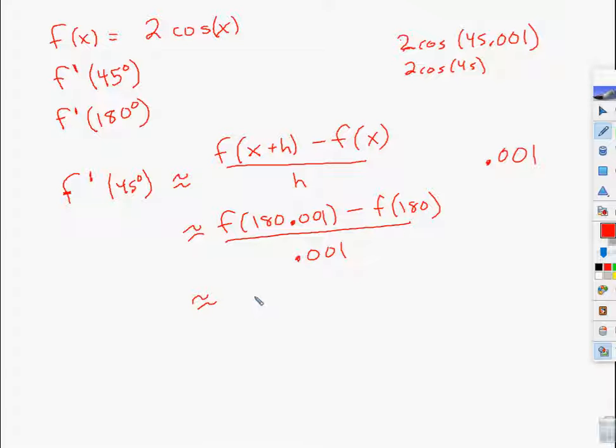Okay, that's better. Although we might have too many decimal points. I get negative 2 minus 2 cosine 180. Yeah, I get too many decimal points. 2.001, which is about 0.